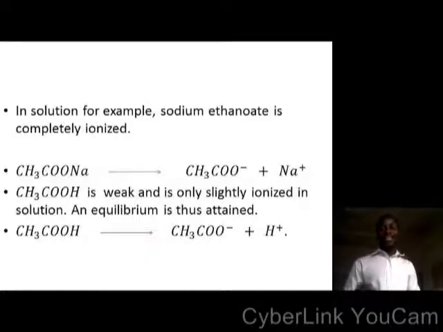Look at the acid. Ethanoic acid is weak and only slightly ionizes in water, so it does not ionize completely because it's a weak acid. So that is what you need to know about acid buffer.